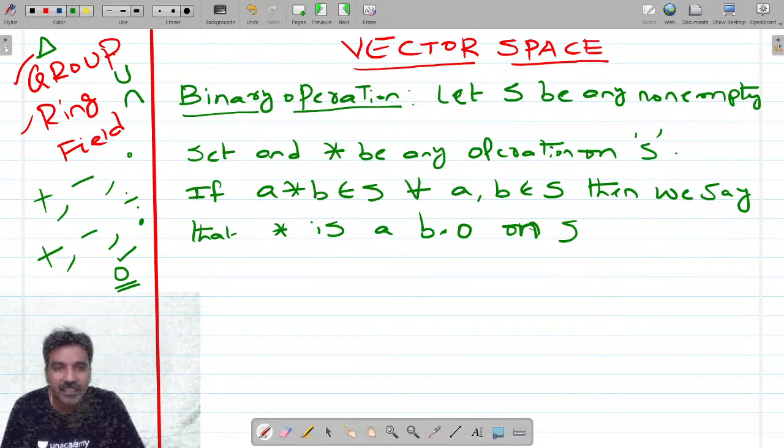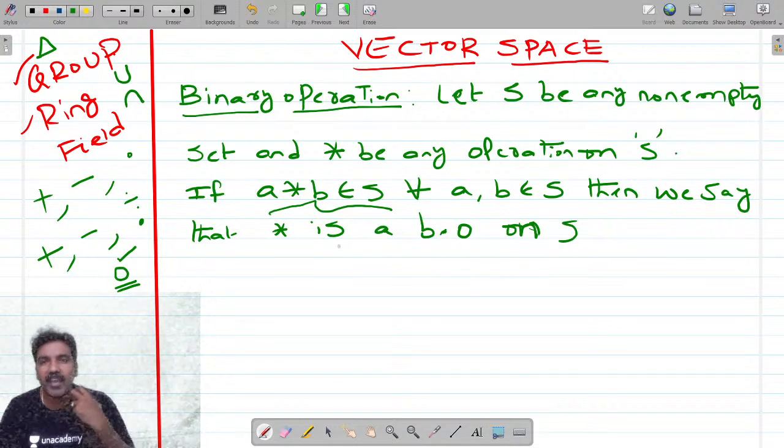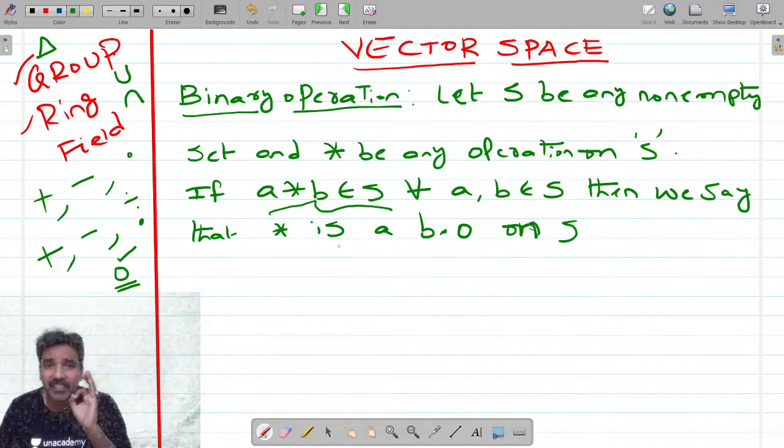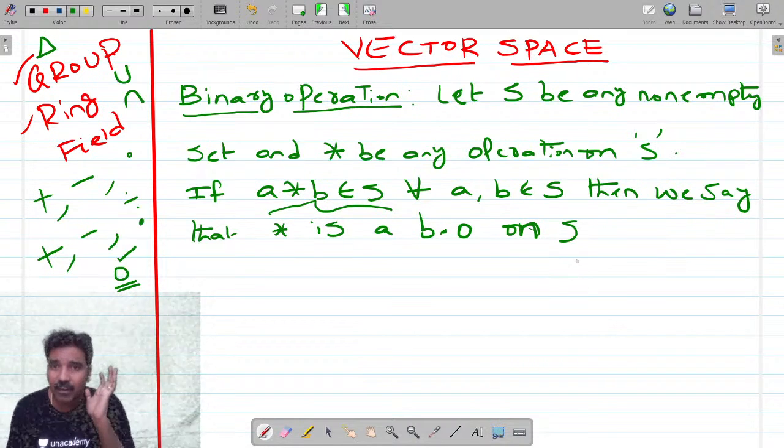So A star B should be in S for all A comma B belonging to S. They can be different, they can be same. If you apply the star, the resultant element must be again an element of S. In that case, that will be called a binary operation.